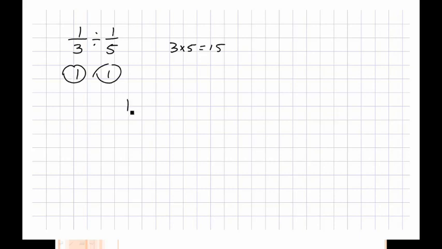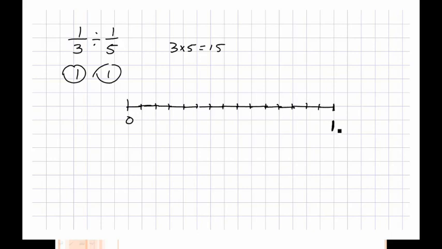So we start at 0. We have 15 sections, but remember, this last number on the end is the number 1. So we have this number line, 1 unit long, broken into 15 sections.